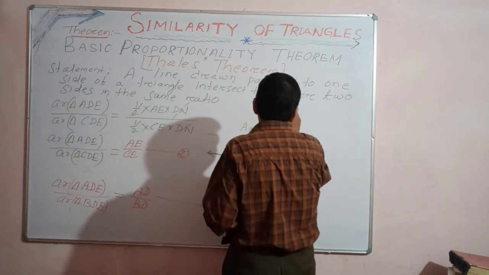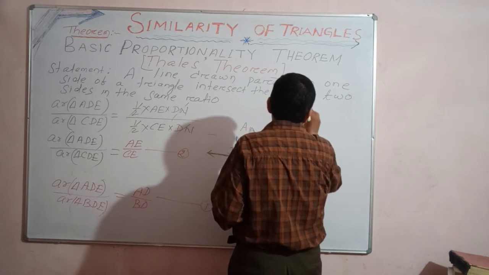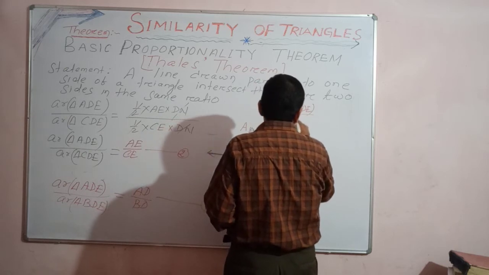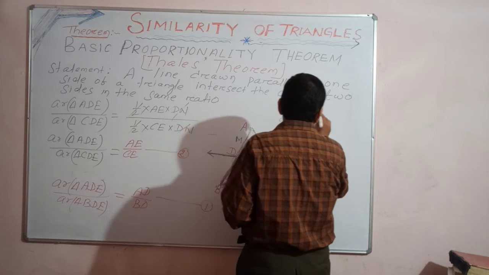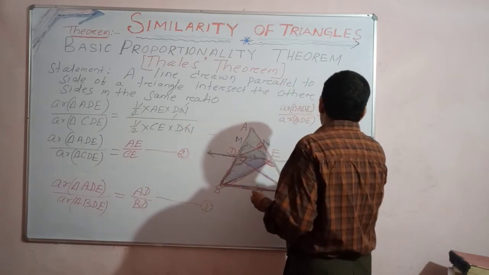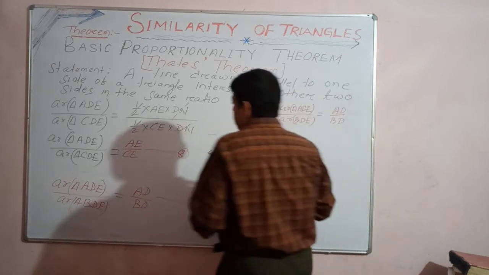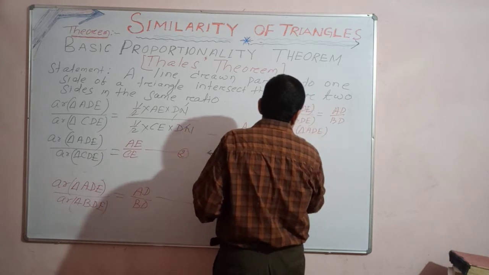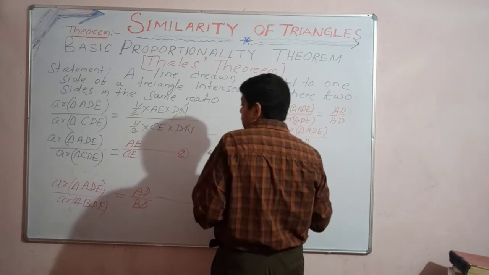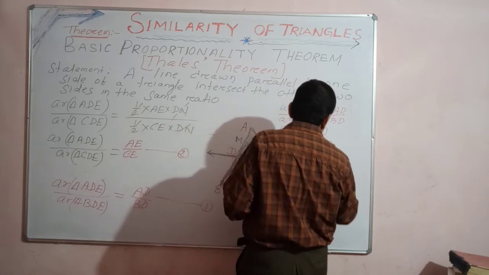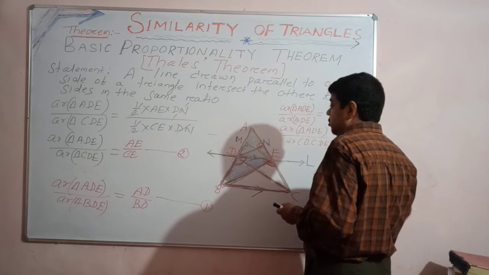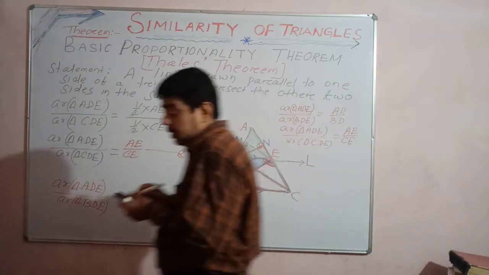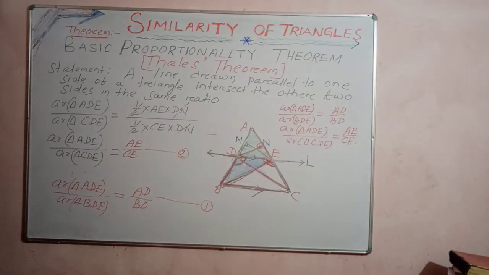Area of triangle ADE by area of triangle BDE, we got AD upon BD from equation 1, and from the second equation, area of triangle ADE divided by area of triangle CDE is equal to AE upon CE. Okay, understand?